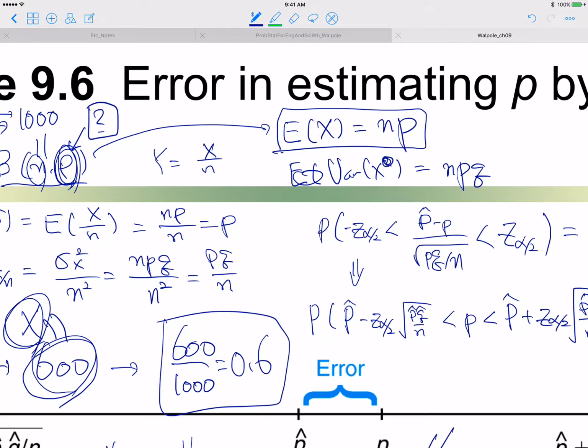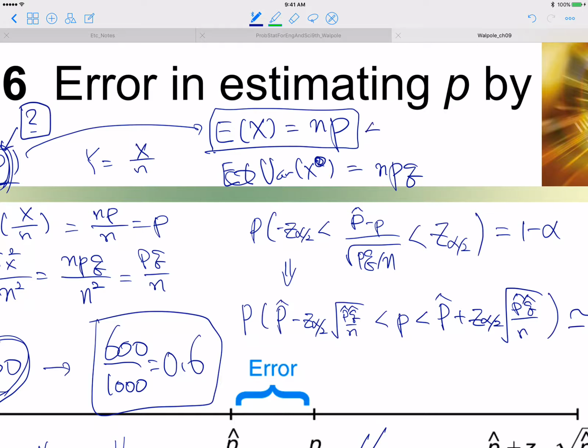In this binomial case, if we divide the random variable x by n, the total number of trials, the expectation value of this new random variable will be exactly the true probability p that we want to estimate.